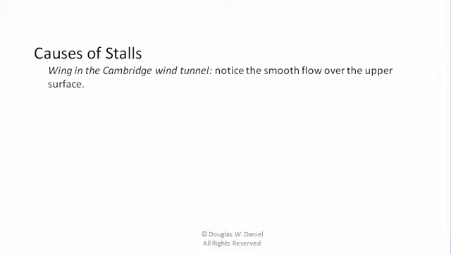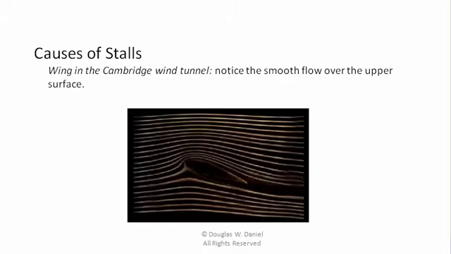Okay, so we're going to look at an airfoil, a wing, in the Cambridge University in England's wind tunnel, and I want you to notice the smooth flow over the upper surface. Now these are actually smoke trails.